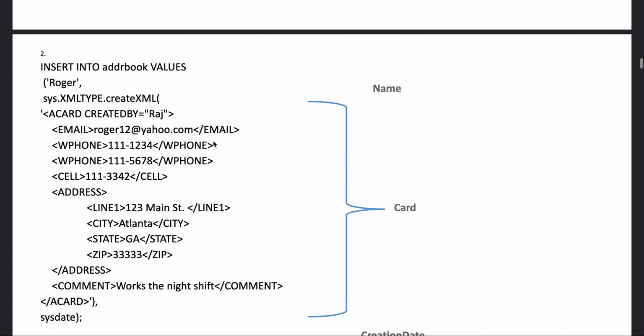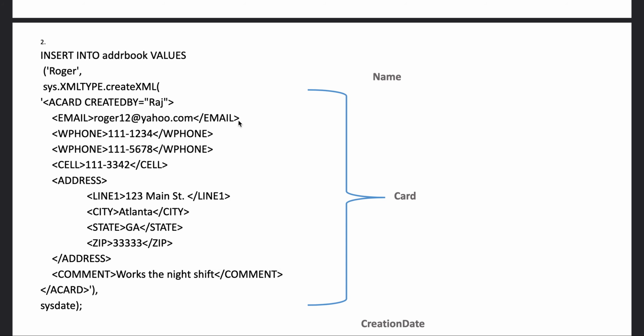Alright, so even though this may look a bit confusing and intimidating, it's not. Let's take a look at it in a deep dive. So remember, our structure of the address book table looks like name, card, and creation date.